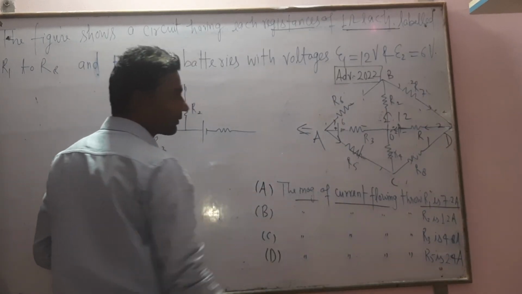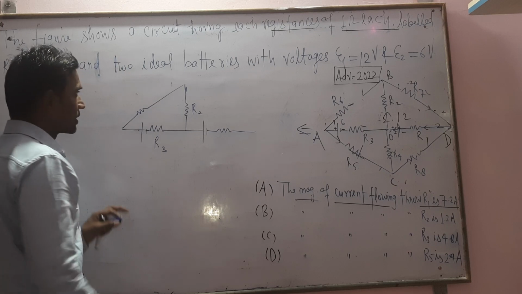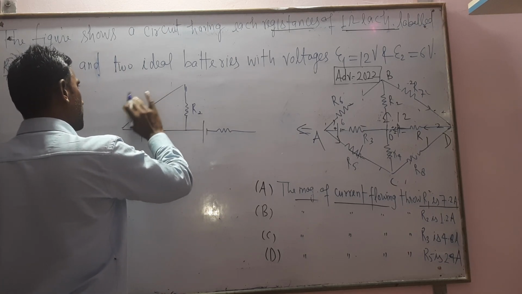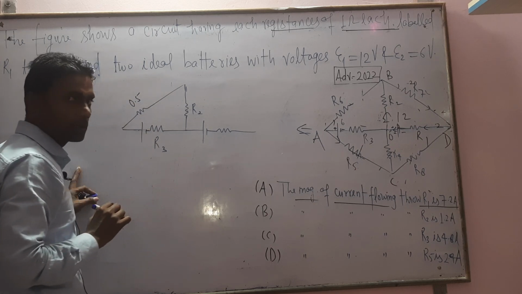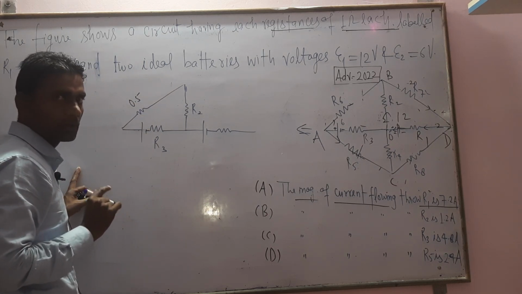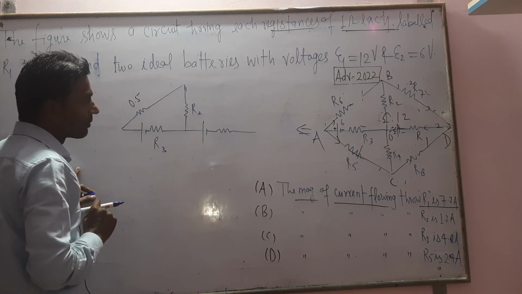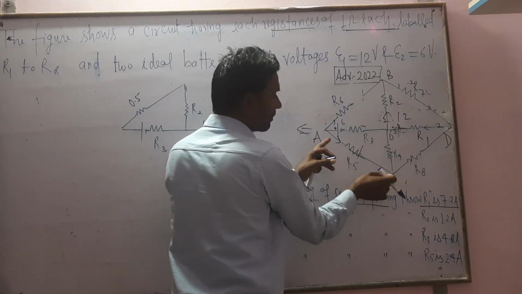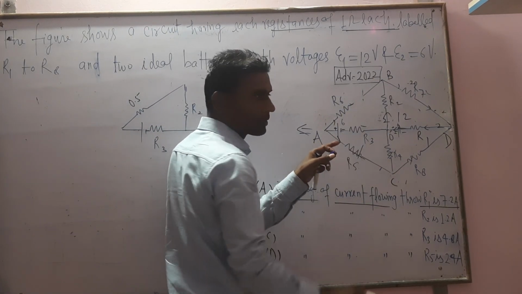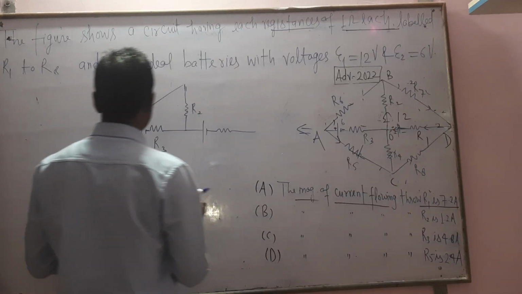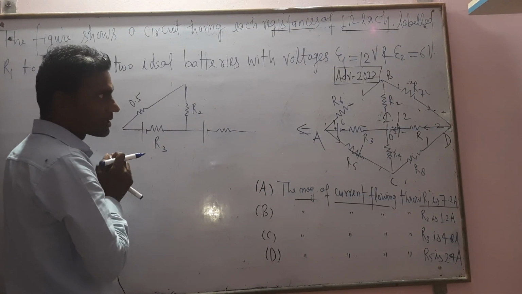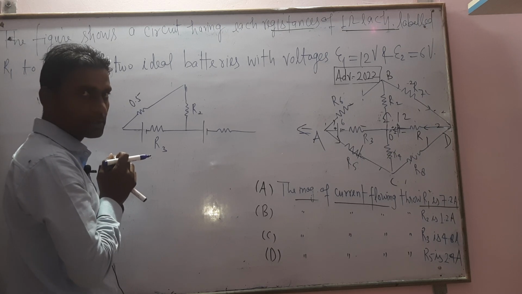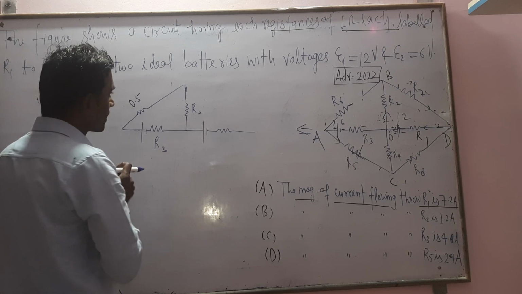R6 and R5 will be in parallel, so 1 into 1 divided by 1 plus 1 equals 1 by 2. Because the potential differences are equal, R5 and R6 will be in parallel. So we can say it equals 0.5, the combination of R5 and R6 in parallel.